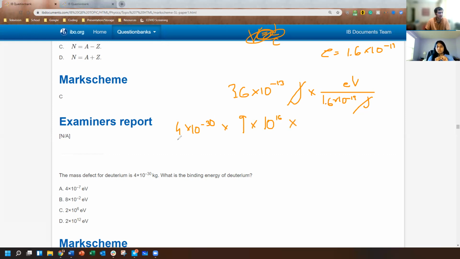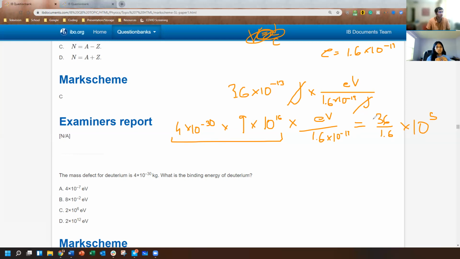That's in joules, and for every 1 electron volt, we have 1.6 times 10 to the negative 19. So you get 36 over 1.6 times 10 to the negative 30 plus 16, which is negative 14. Negative 14 minus negative 19 is 19 minus 14, which is 5.